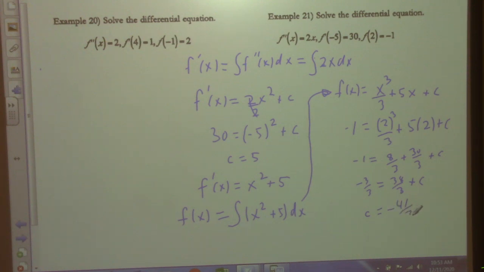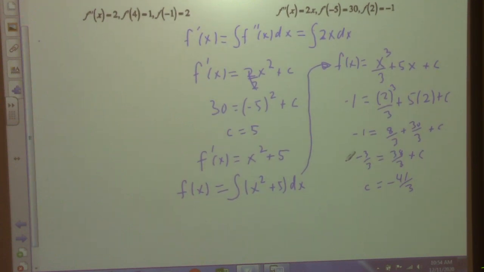So here we got into a little bit of fraction messiness, but now we have our answer, don't we? We have f of x is equal to x cubed over 3 plus 5x minus 41/3. So yeah, a little fractional messiness, but that isn't so bad, is it? It shouldn't be that bad.